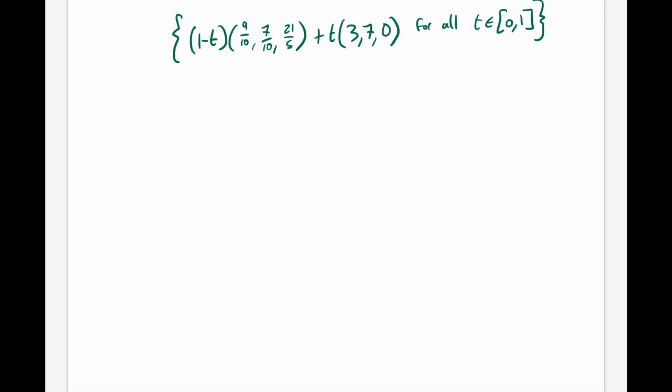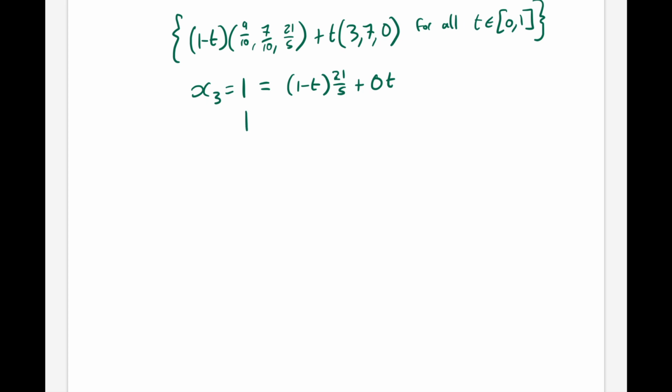Part C then asked, if we fix x3 equal to 1, what values must x1 and x2 take for the solution to remain optimal? Now, x3 equals 1 would lie on the segment we have here, because x3 can take any value from 0 to 21 over 5. So we can fix x3 equals 1. But in terms of our parameter t, which represents how far along the line segment we are, what does that correspond to? Well, x3 here corresponds to (1 minus t) times 21 over 5 plus 0 times t.